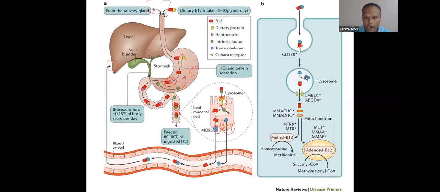So I will tell you here, after it is reabsorbed through this receptor, the transcobalamin receptor, CD320, what will happen? It will enter the cell. Vitamin B12 will be dissociated, and this vitamin B12 actually forms a complex with two types of enzymes.